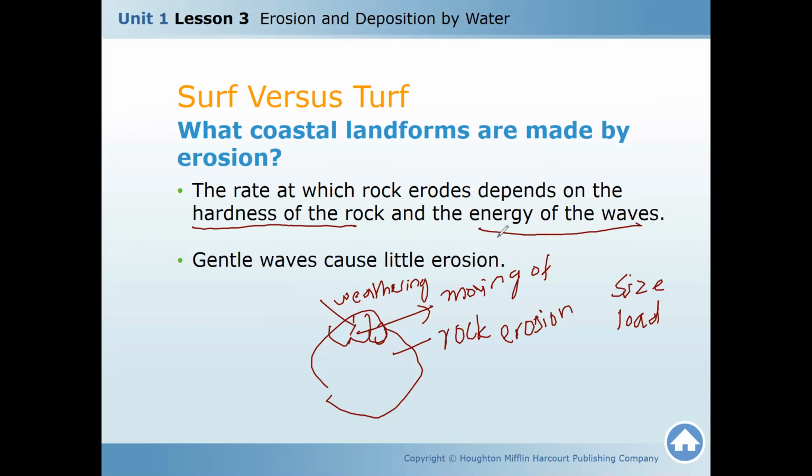What are the waves doing? How fast are they coming? Gentle waves cause little erosion. If these waves are very slow, one or two, they will not push the rocks. But if there are so many waves with heavy flow, they will make these rocks fly, and when the water flow goes down, it comes and deposits here.